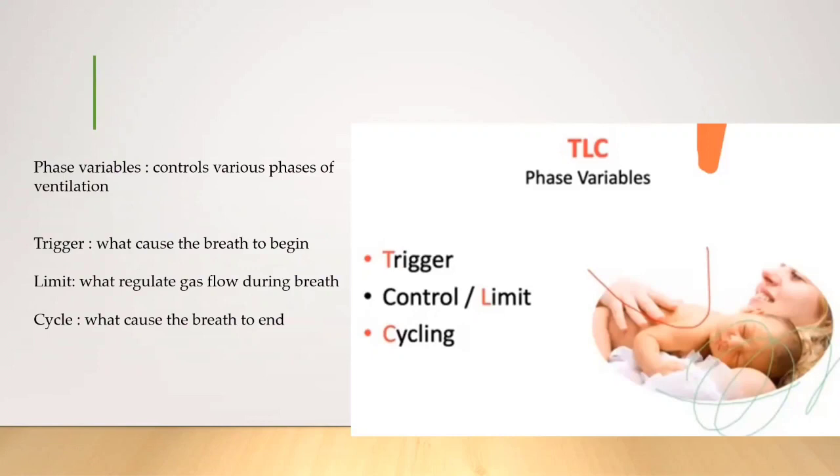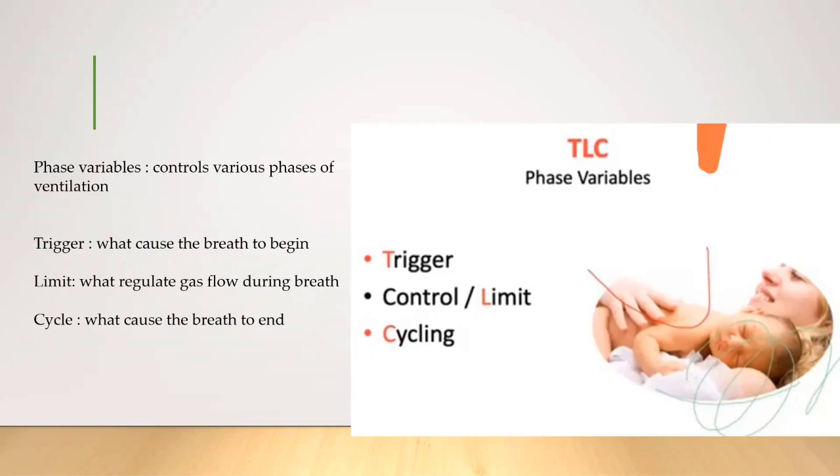If you have set the volume at 10, the ventilator will try to give that tidal volume by increasing the pressure. എന്തെങ്കിലും ഒരു പ്രോബ്ലം ഉണ്ടെങ്കിൽ പ്രഷർ എത്ര കൂട്ടിയെങ്കിലും ആ വോളിയം കൊടുക്കാൻ നോക്കും. So that can cause barotrauma. Same, triggered by patient or ventilator. Volume is the limit and cycled by time.